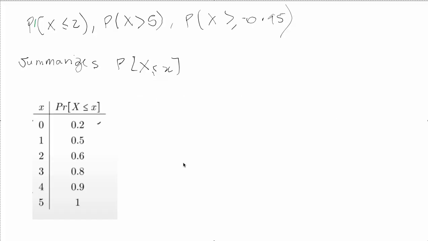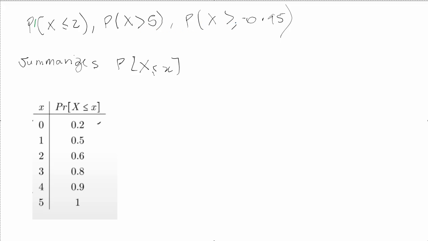So we saw the PDF. Now we're going to see the CDF. Okay? And this table actually helps us to answer these types of questions. What's the probability, for example, that X is less than or equal to 2? Or what's the probability of X being more than 5?